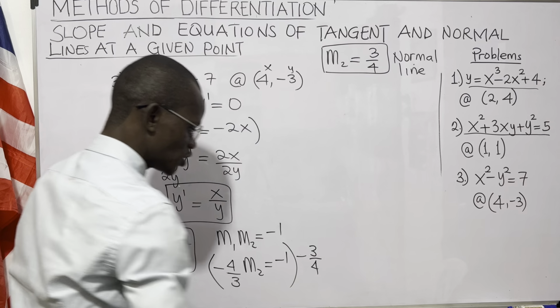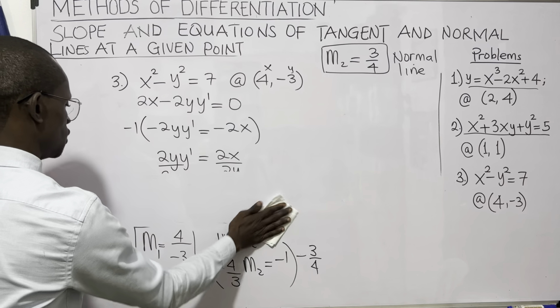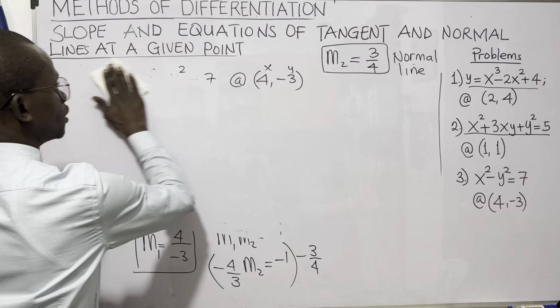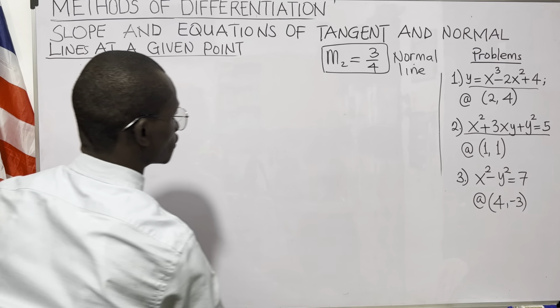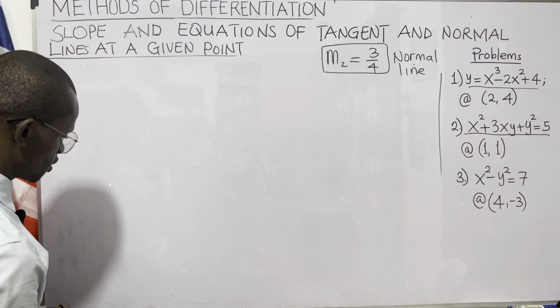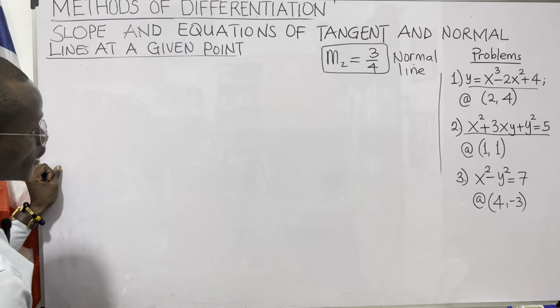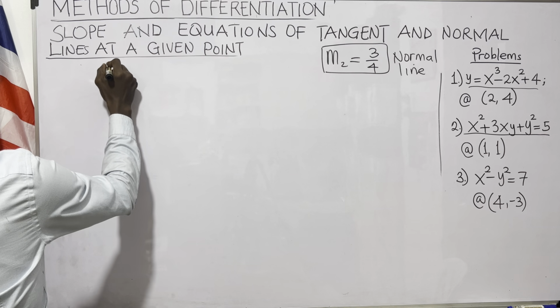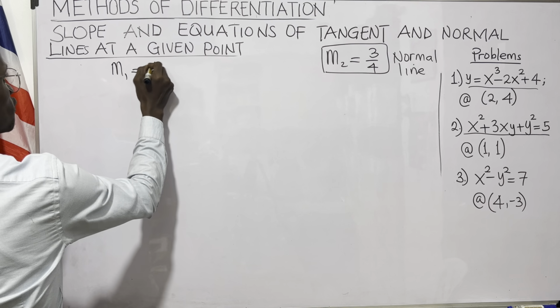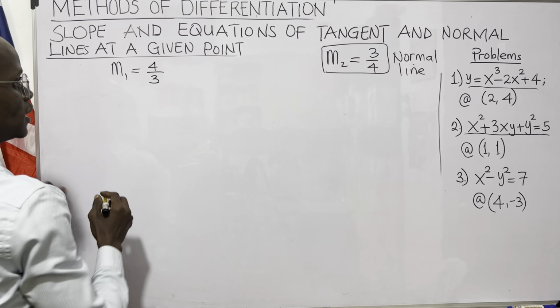So we're going to find the equation of both lines using those slopes. The first one, I think, was 4 over 3. Okay, so m1 is equal to minus 4 over 3.